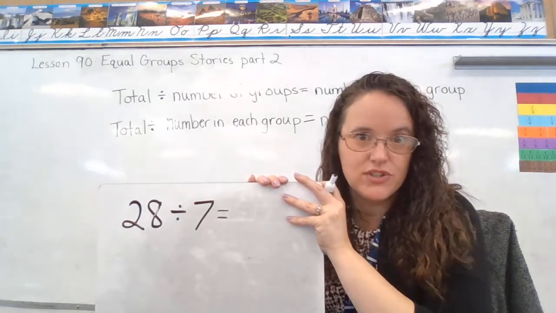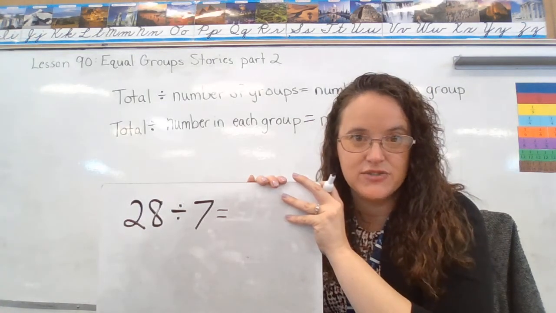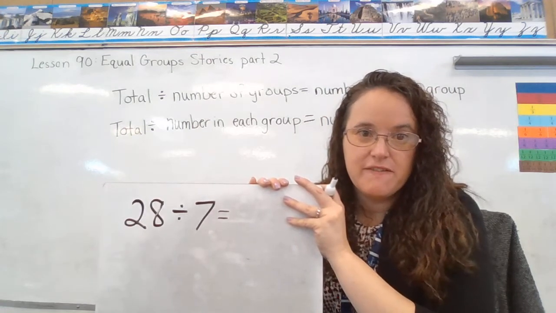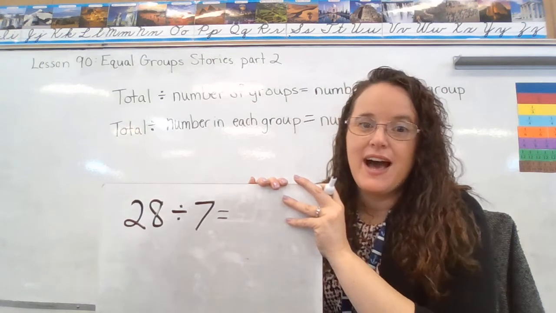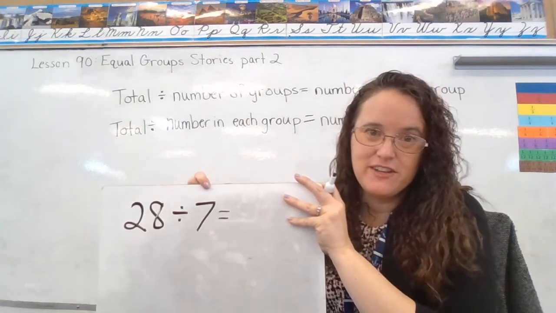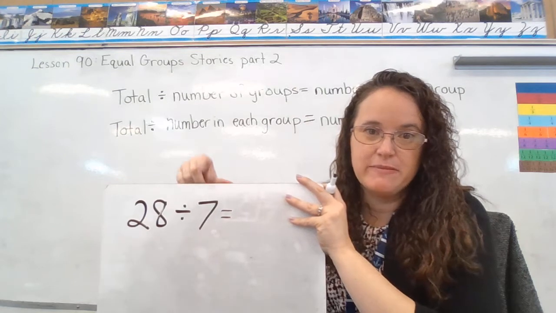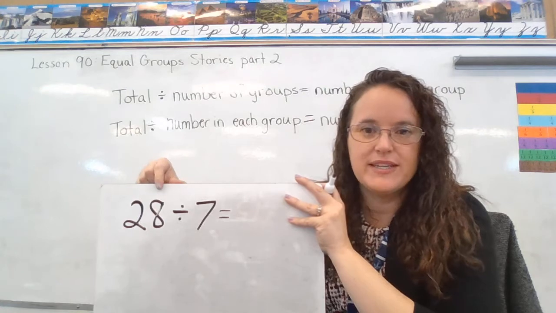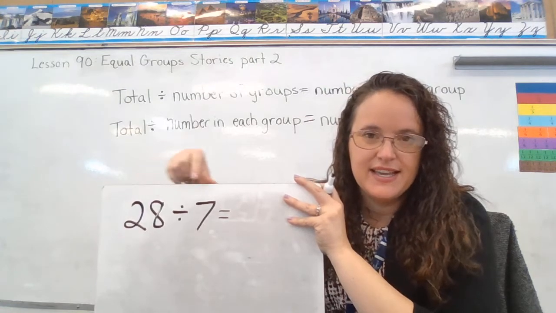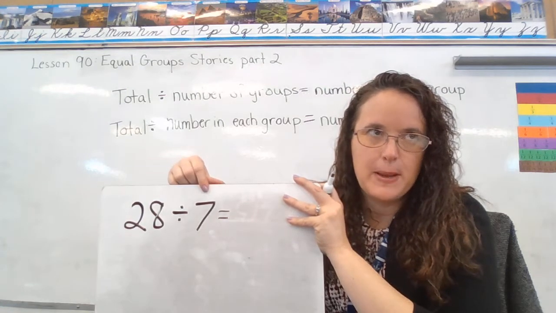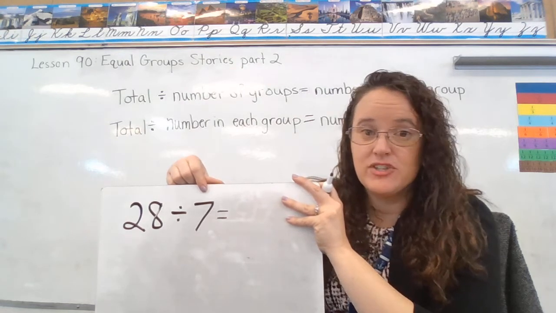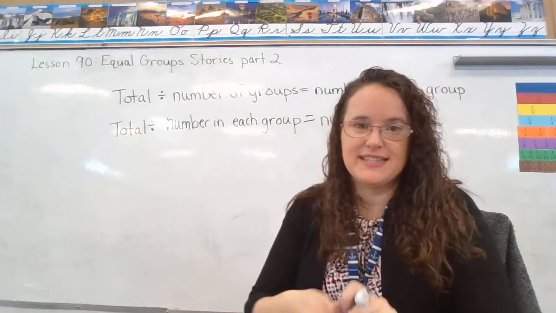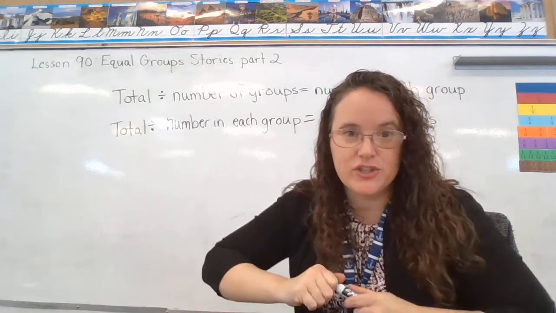You can use your multiplication table like we did in yesterday's lesson. Or if you have your multiplication facts memorized, I think the best way to figure this out is to use those fact families and say 7 times what number is going to give me 28? If I don't have my fact families memorized, I could count by 7s and see how many groups it takes me to get to 28.